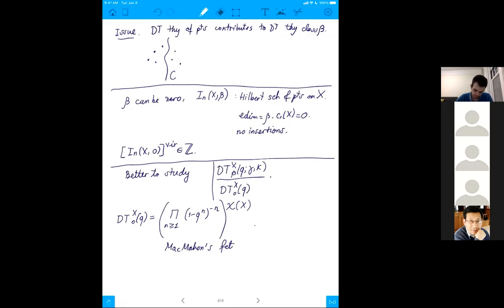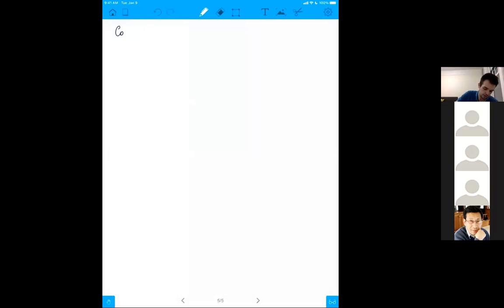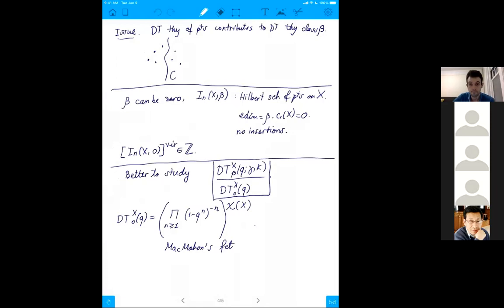Okay, and now, why is it better to study this? So we get rid of the contribution of points, but then this ratio also appears in the following conjecture. Sorry to interrupt you. This beta equals 0 part, this McMahon function formula, is that only for the threefold, or can this be more general? This is a good question, but these enumerative theories that I'm looking at can be defined only for threefolds. This procedure that I'm using. Okay, thank you.